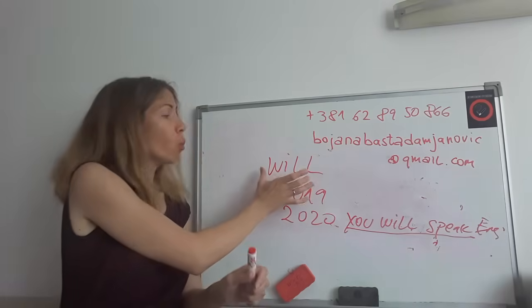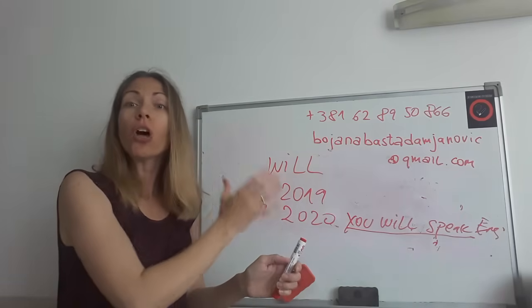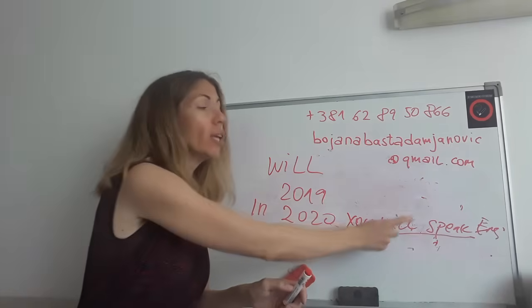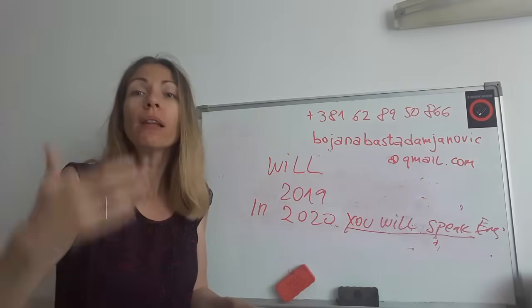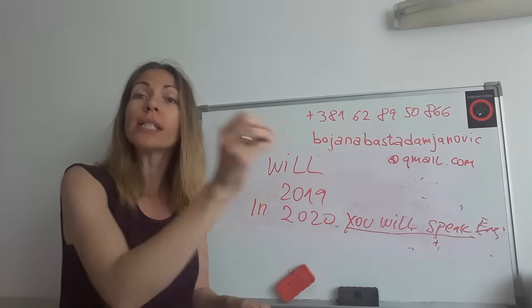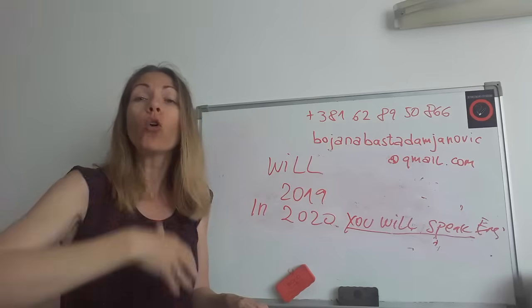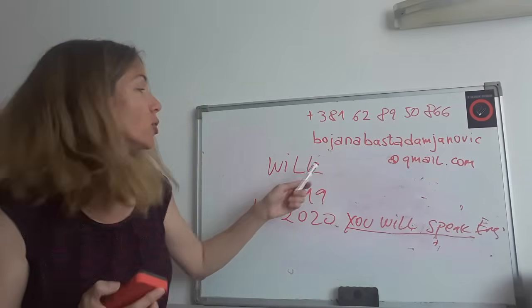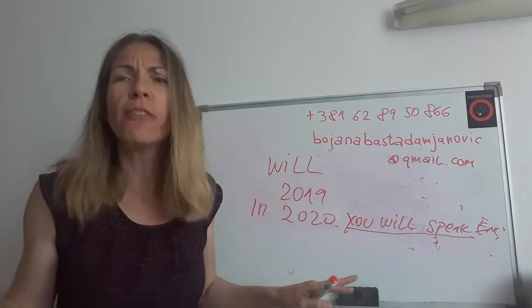You just put will in front of another verb, okay? So for example, you will speak, you will learn, you will do that. So you will do something. That's for the future. Good news is that you can use will for everybody, okay?